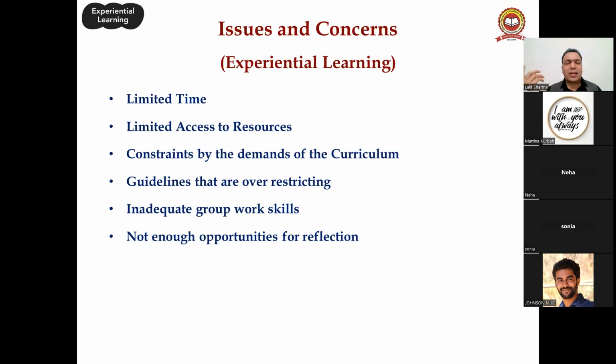Guidelines that are over-restricting. Sometimes the syllabus, the principal, the state government, or government policies create problems, issues and concerns that become obstacles in starting experiential learning. Inadequate group work skills, not enough opportunities for reflection. When students give the first semester, after 6 months the second semester starts.